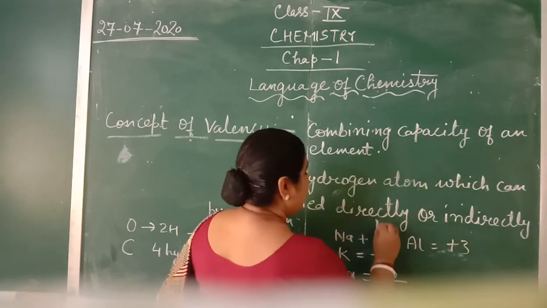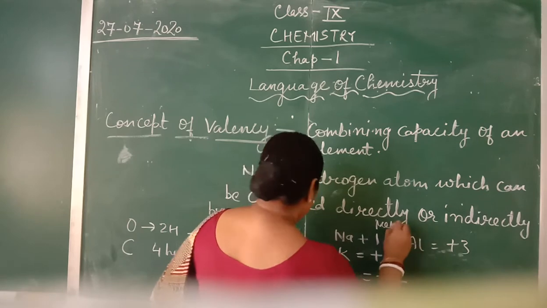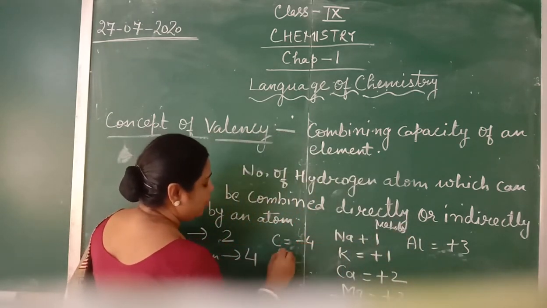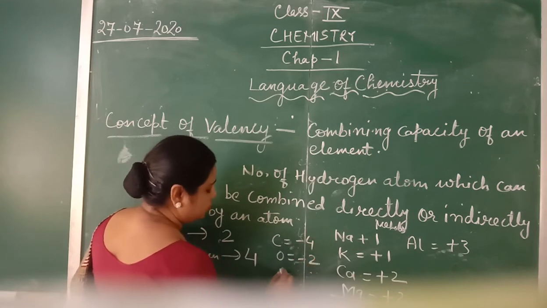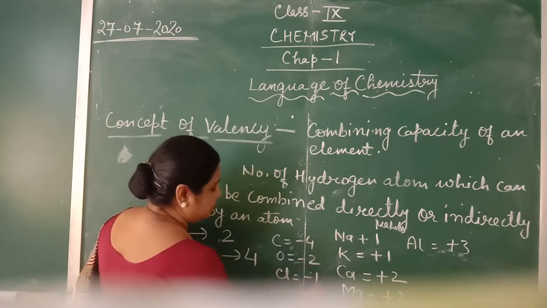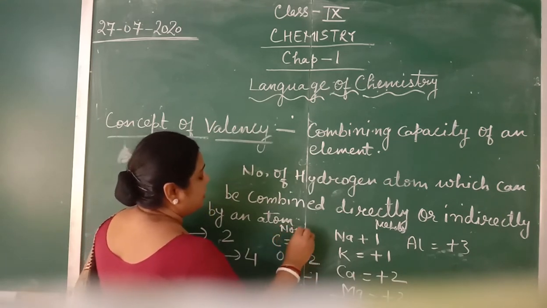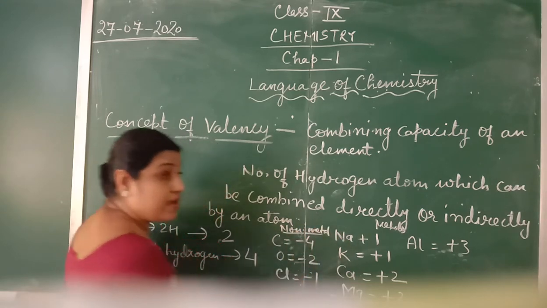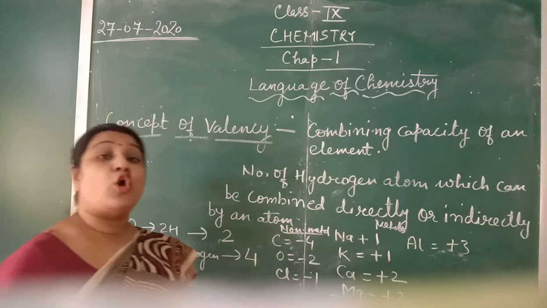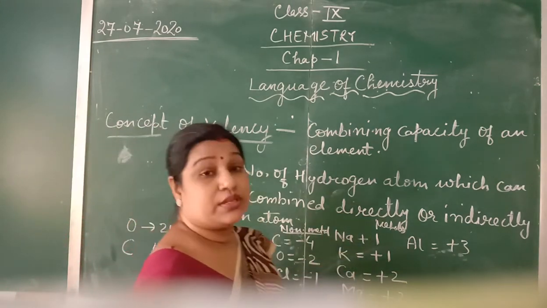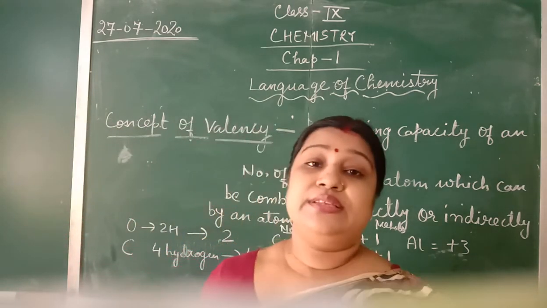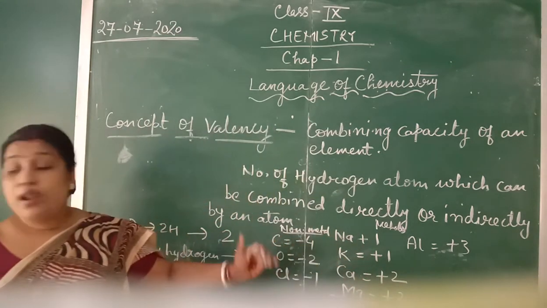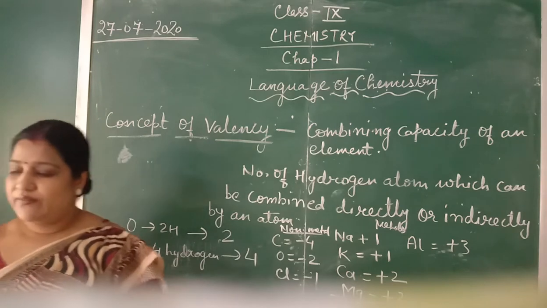These all are metals. If you talk about non-metals, carbon -4, oxygen -2, chlorine -1. That means if you see a negative valency for any element, it is a non-metal, and if there is a positive valency, it is a metal.